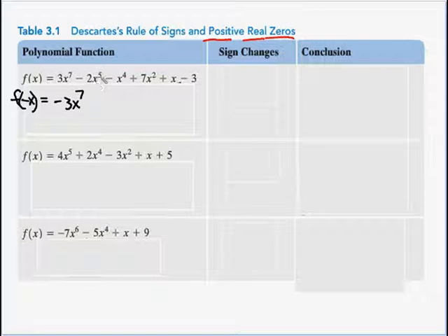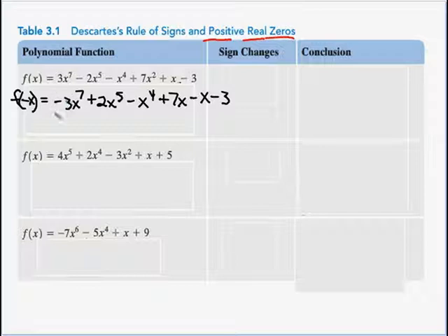Because this is also a negative odd, that negative would come out front and hit this and become a plus 2x to the 5th. Plug in a negative here, and then multiplying it 4 times would leave it the same, so that's a minus x to the 4th. Same here, we'd square the negative x and it would become positive and leave that term alone. This plus x would become plus a negative x or minus x, and then a minus 3.